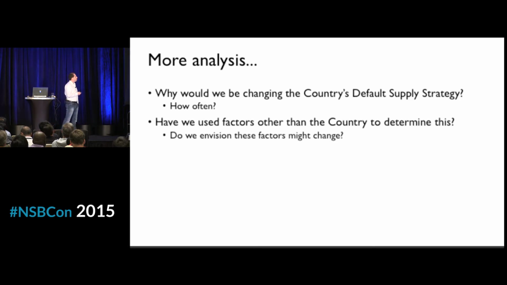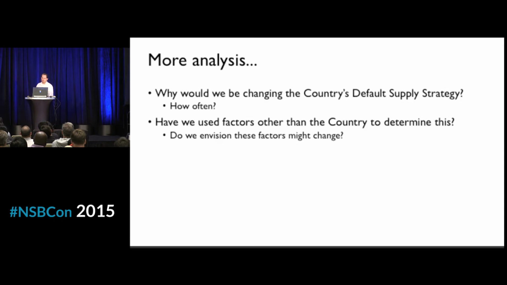Have we used factors other than the country to determine this in the past, and do we envision this might change in the future? The answers to these questions in this case were yes and yes, but these types of questions are great to figure out the volatility of a particular detail so we know what level of flexibility or what levels of abstraction we need to incorporate in the software.